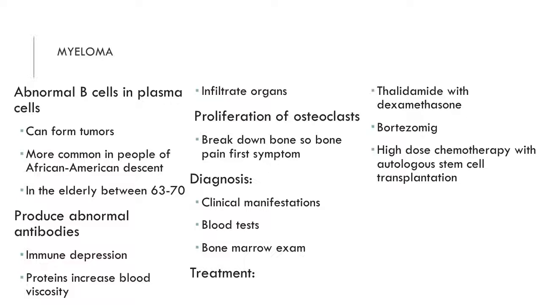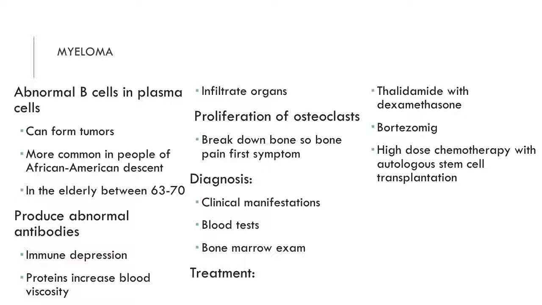Myelomas are abnormal B cells in plasma cells. These can form tumors, and they're more common in people of African American descent. We also see it primarily in the elderly between the ages of 63 and 70.